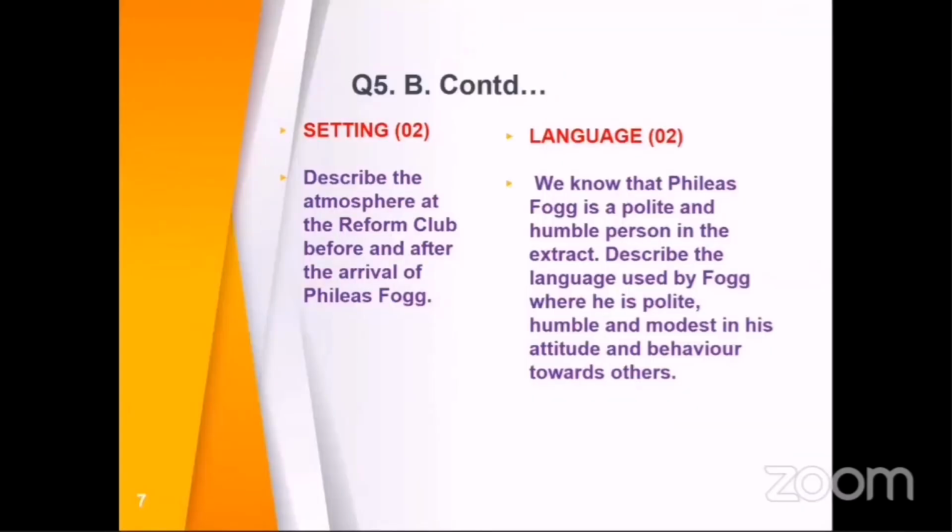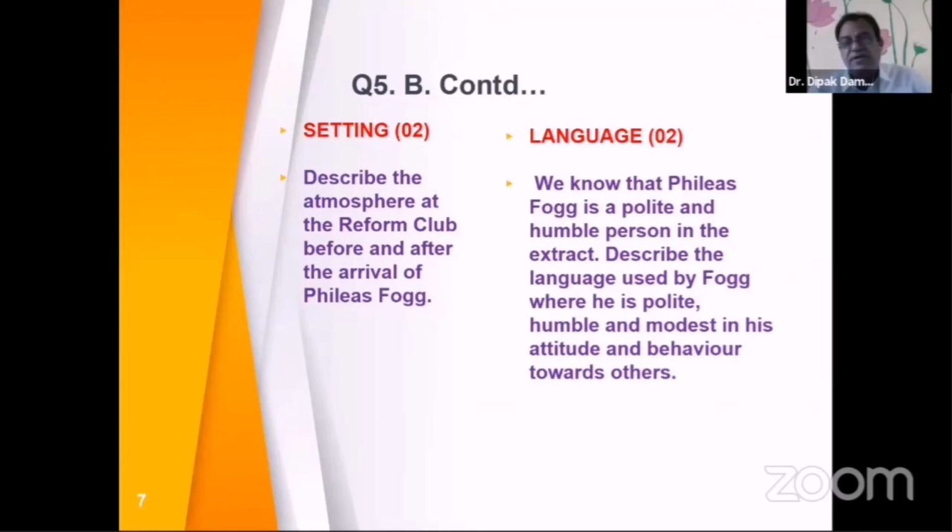Now regarding the setting: describe the atmosphere at the Reform Club before and after the arrival of Phileas Fogg. Surely before his arrival, the atmosphere was totally different. All the club members were very happy. They were thinking that they had won the wager. But before the time limit was over, Phileas Fogg reached the Reform Club, and then he declared that he had won the wager.